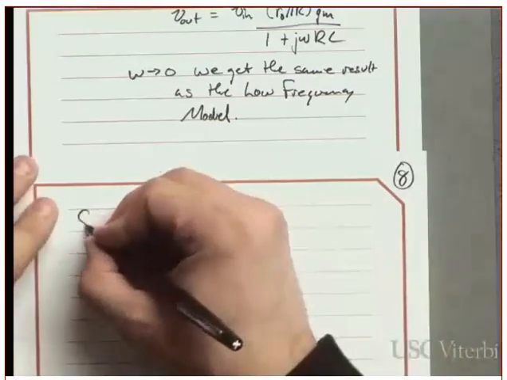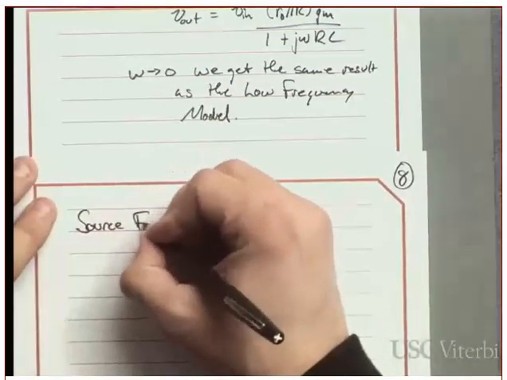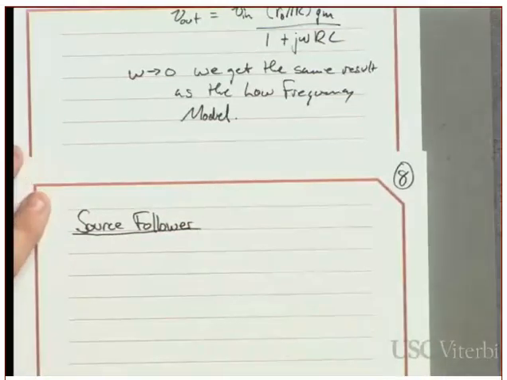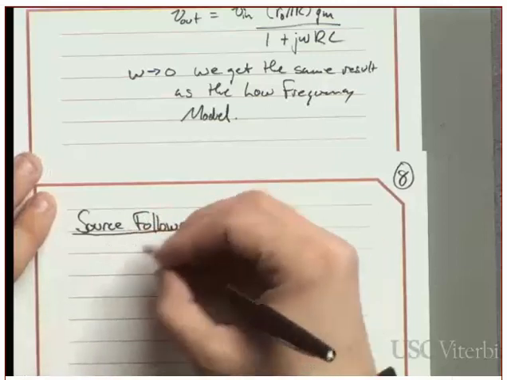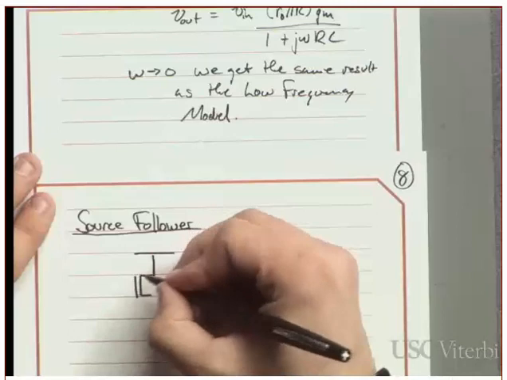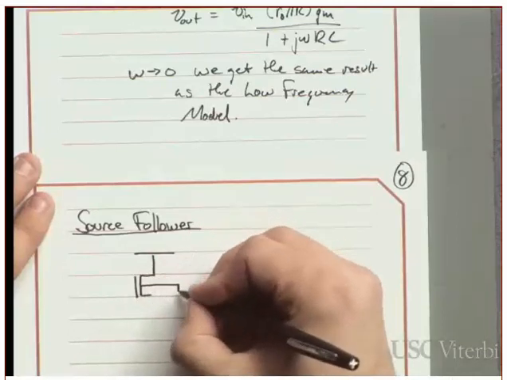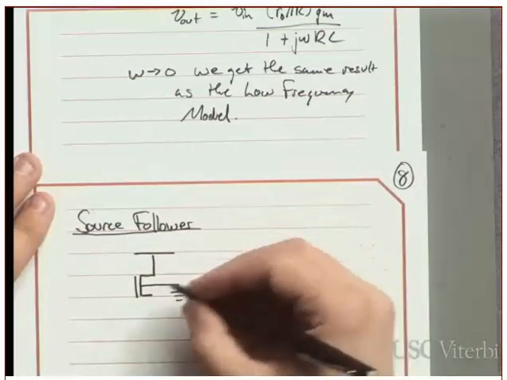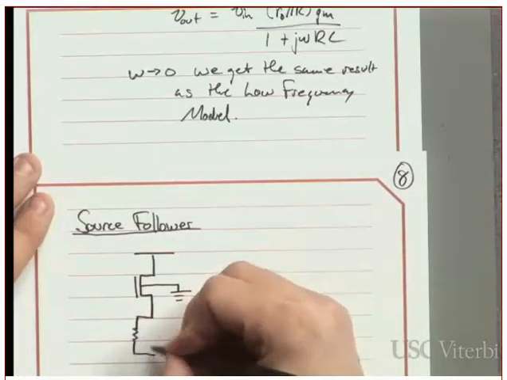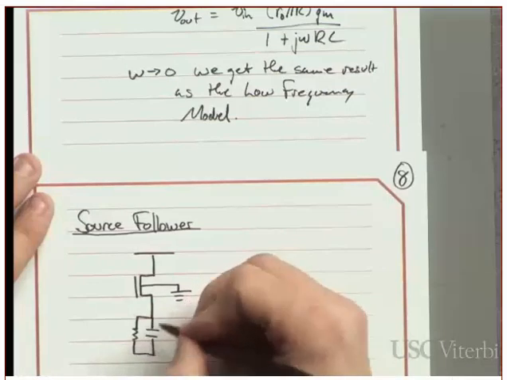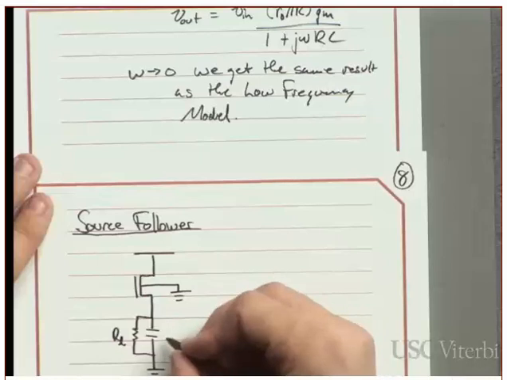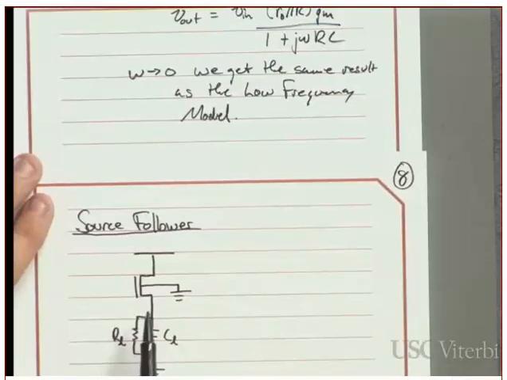So I'm going to have a source follower. And the circuit DC looks like this. Let me start at the top. I'm going to explicitly ground my bulk. So this is RL, CL, so this is the load that I'm looking at.